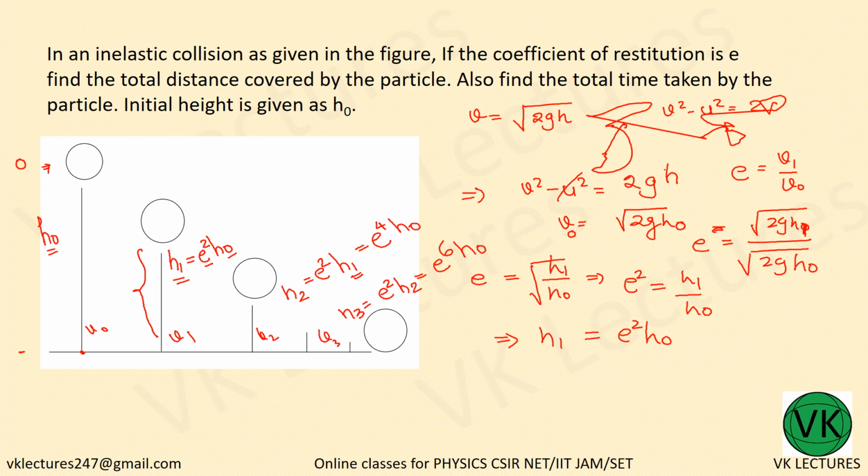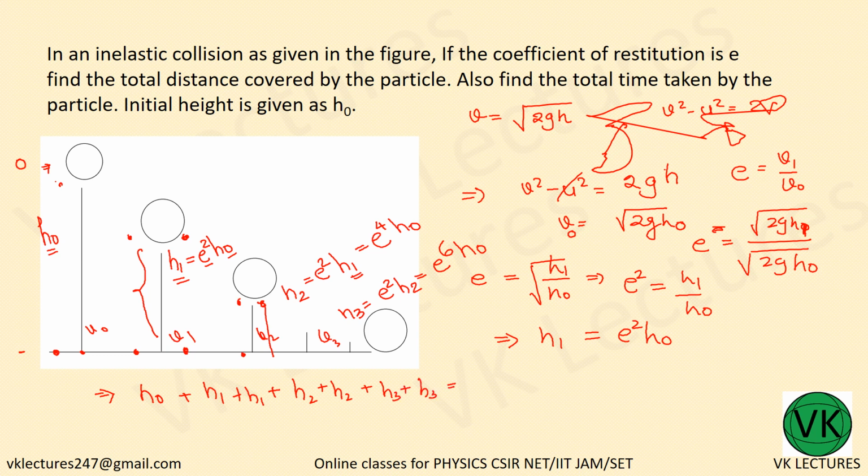Fine. Now the total distance covered will be an infinite series. From here to here is h naught. From here to here is h1, again from this point to this point plus h1, plus from here to here h2, again the same distance plus h2, plus h3, again plus h3, and it goes on.